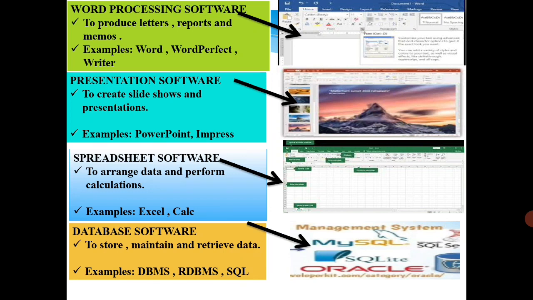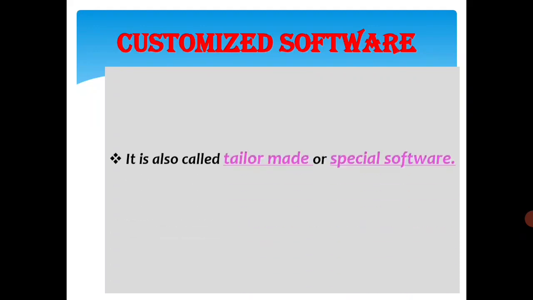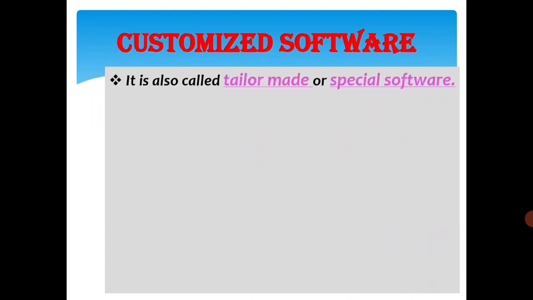So these all come under general purpose software. The next one is customized software. This is one type of application software. It is also called tailor-made or special software.